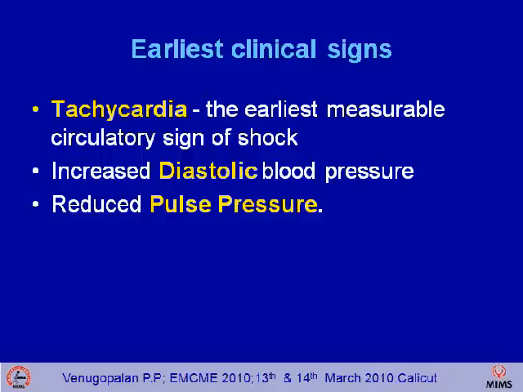What are the earliest signs of shock? Tachycardia is the earliest measurable circulatory sign of shock, and along with that, an increase in the diastolic pressure and a decrease in the pulse pressure will also be there in early shock.